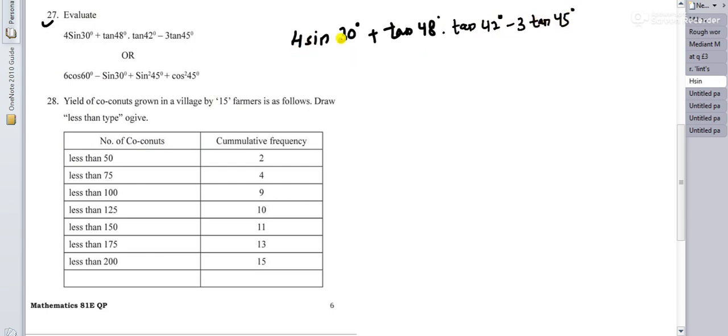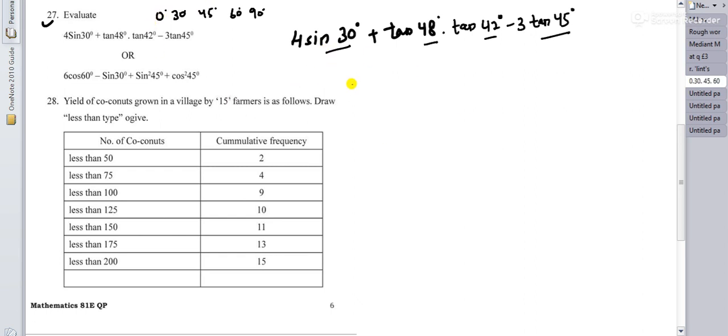Okay, so you know the value of sine 30 as well as tan 45, correct? But do you know the value of tan 48 and tan 42? No. So here you have to use complementary. Whenever they give angle other than 0, 30, 45, 60 and 90, use the complementary rule.